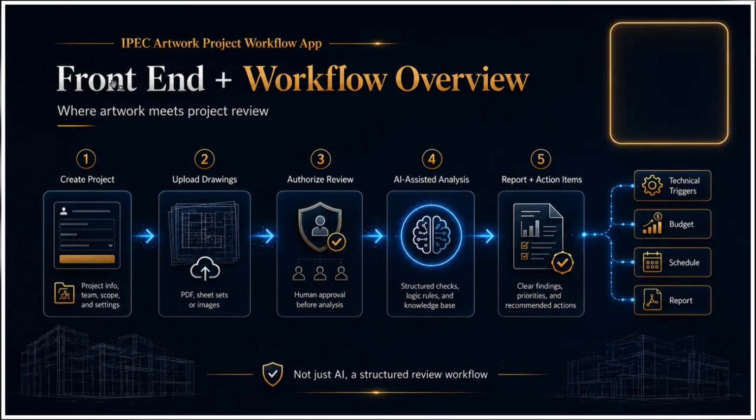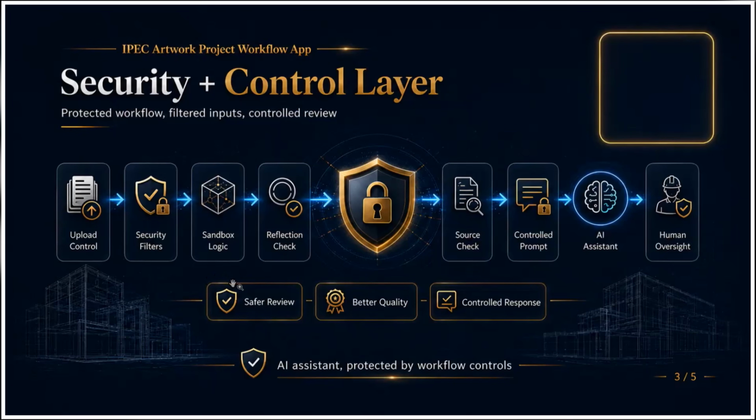Let's talk first about the front end and the workflow overview. First, you create the project, you upload the drawing, you authorize the review, and then the app will do an AI-assisted analysis as we explained. Then the report will be issued with action items. The app is also very intelligent when it comes to security and the control layer, because once you upload the drawing, it goes through a security filter, sandbox, as I explained, reflection check, and source check, to see where this information is coming from.